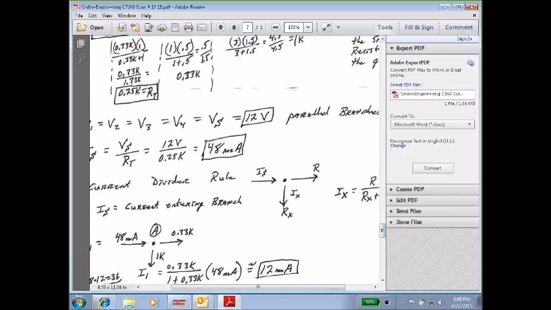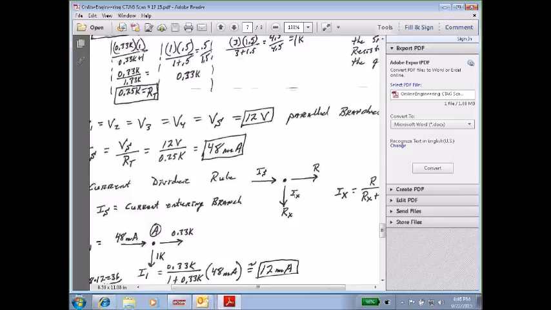Okay, here's my current divider rule. At a junction, you've got your current coming into that junction. You look out this direction, you've got some resistance, and you look at this direction, you've got some resistance.